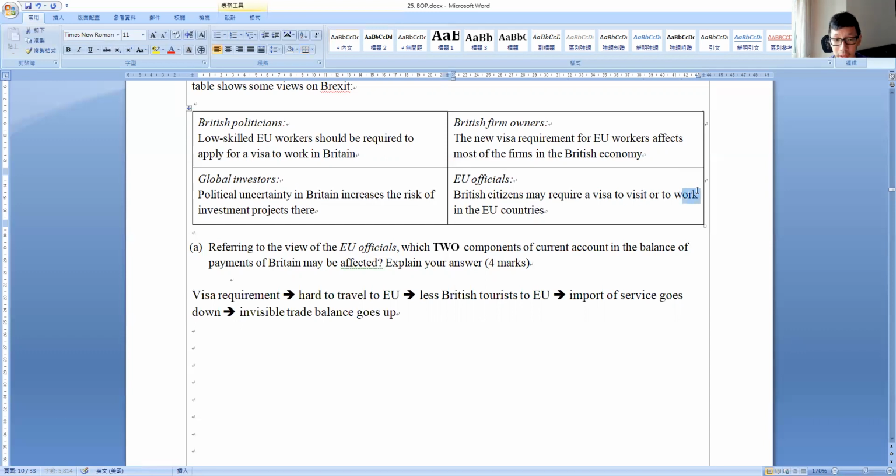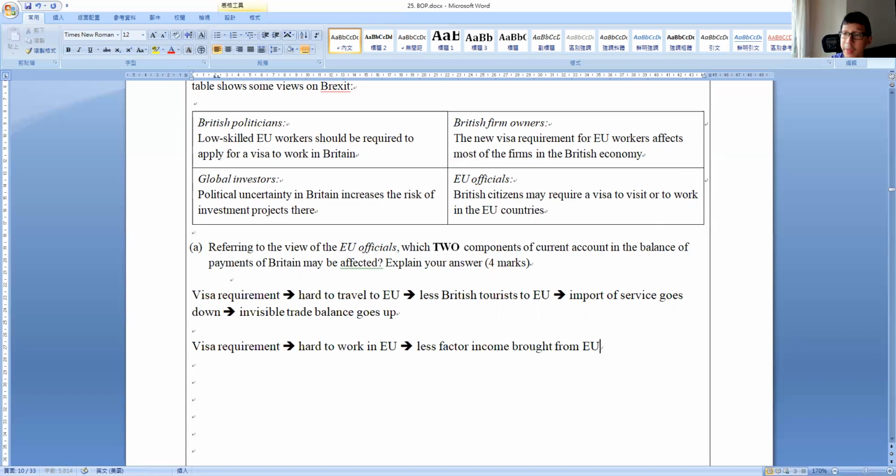嗱，so we have to deal with visit. What about work？好啦，work 一樣啦，visa requirement harder to work in EU. So less factor income brought from EU country.